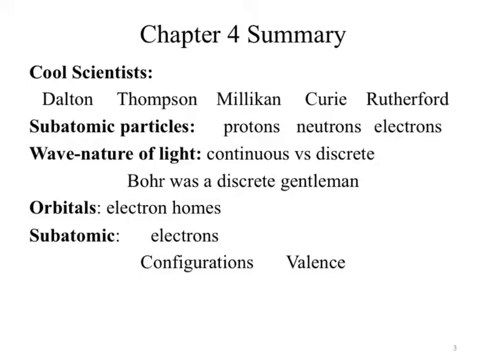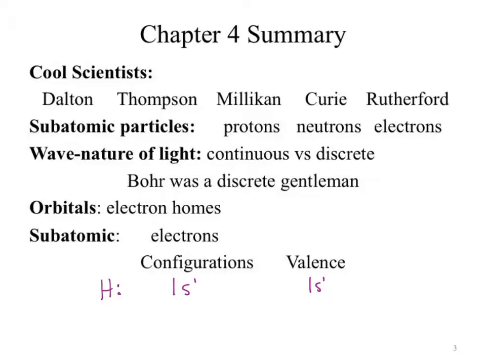So if we looked at hydrogen, the configuration for hydrogen is 1s1. What's its valence? 1s1. Our valence is the outermost energy shell. With hydrogen, there's only one energy shell, so it's the same.